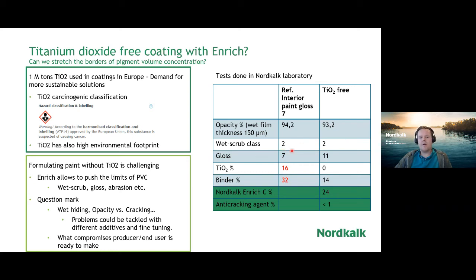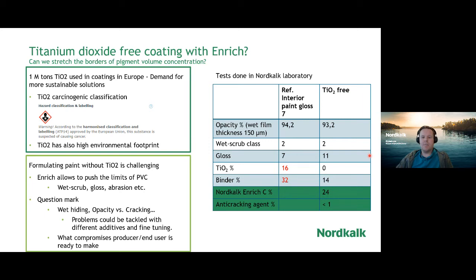Both are now on wet scrub class 2, so not wet scrub class 1. We wanted to pick here the most common, wet scrub class 2. Then the gloss level is actually increased in this titanium dioxide free paint, meaning that it could maybe be filled a bit more if it's otherwise okay, but it's easier to make it more matte than more glossy.